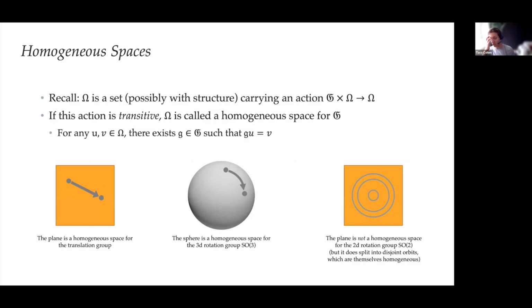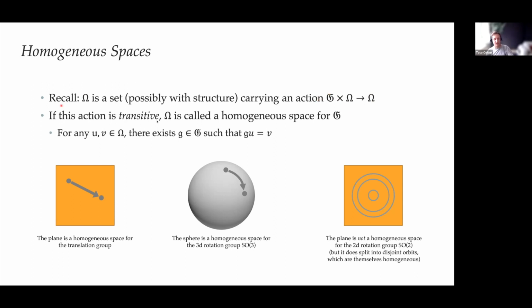So what are homogeneous spaces? We recall from our blueprint, we have our domain omega, that's always a set with a group action. So we have a group element G, and if we apply it to a point in omega, we get a transformed point in omega. And for this to be a group action, it has to satisfy certain properties that we covered in previous lectures.